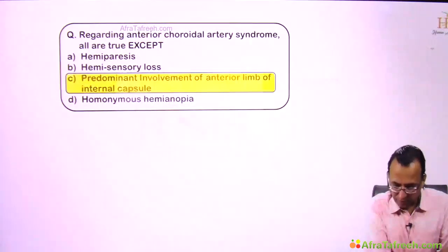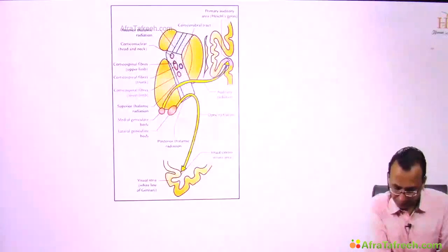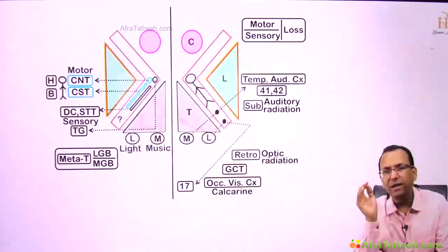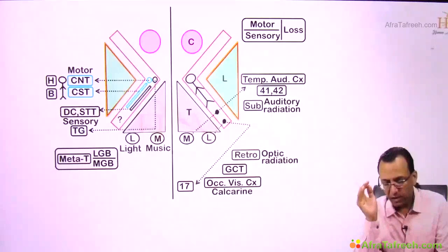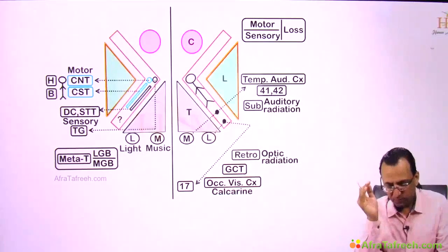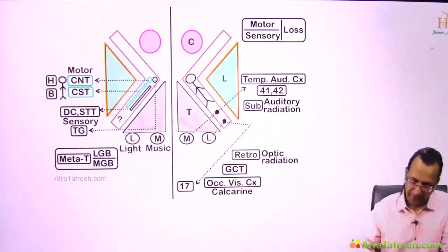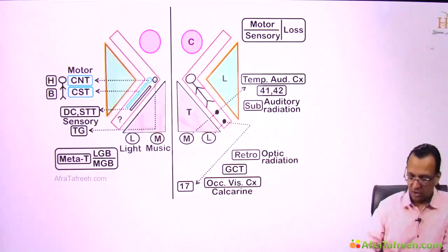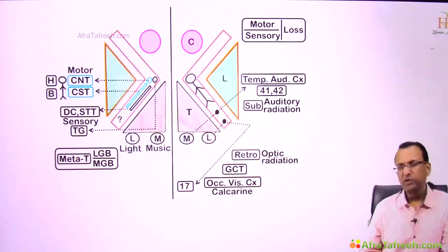As you are moving further, we are going to draw a diagram for the internal capsule here. The diagram which we are drawing for the internal capsule is again a superior view of the brain, and we are looking at both sides this time. So let's do it.